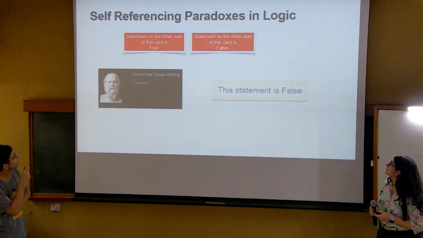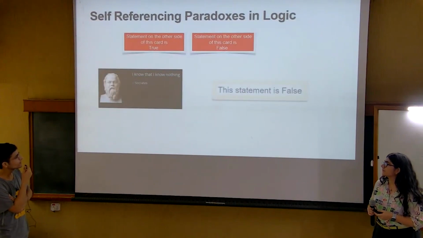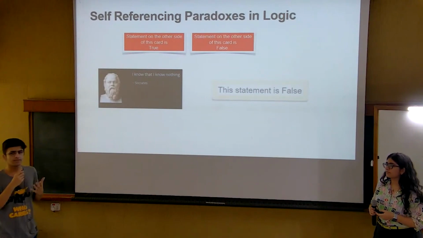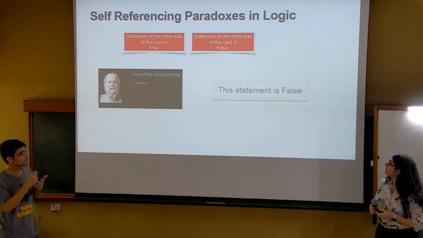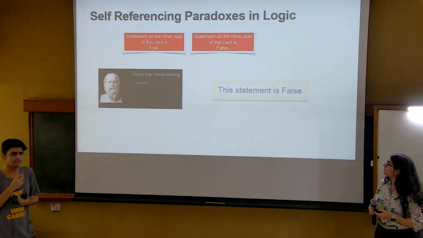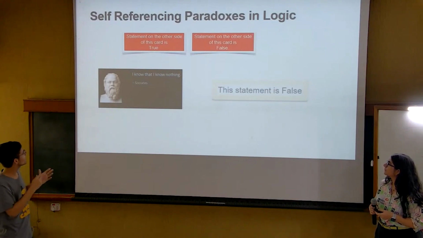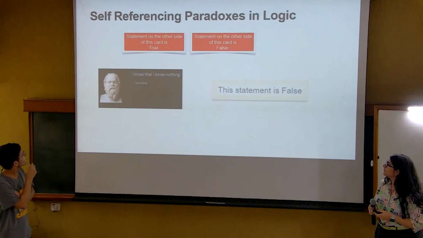There are many forms of it. It started like 2000 years ago. People started noticing self-referential statements at that time in Socrates, who said, I know that I know nothing. So, well, he knows something: that he doesn't know anything. That's quite a paradox right there.